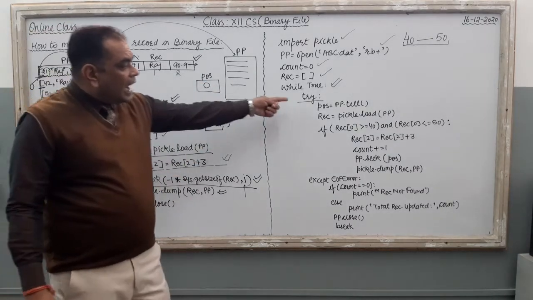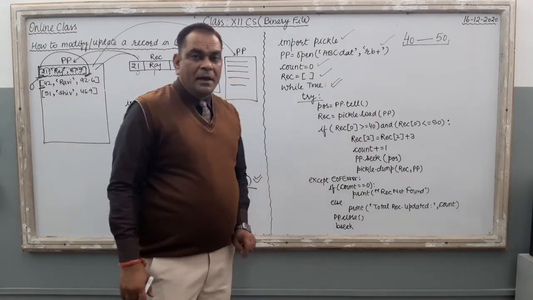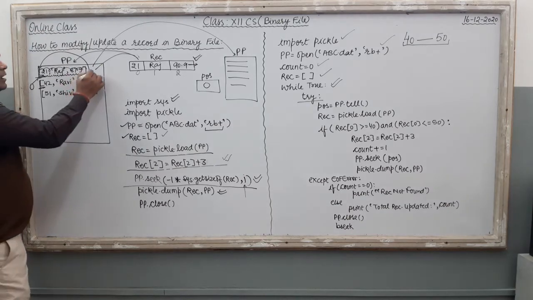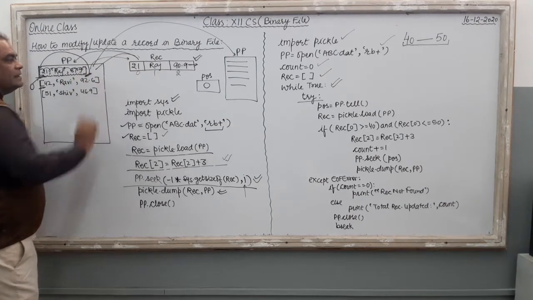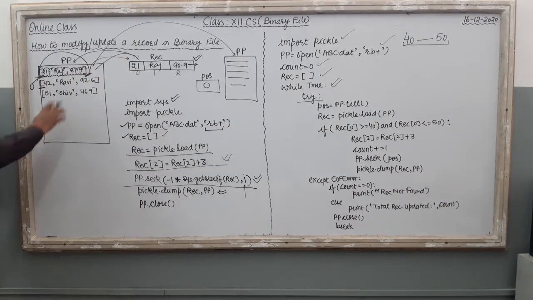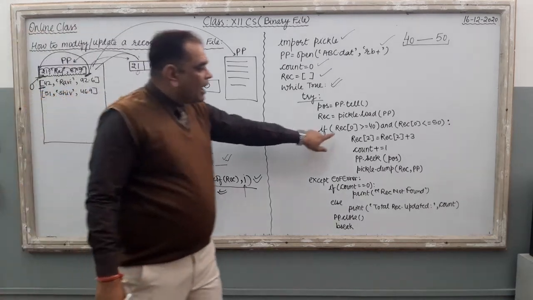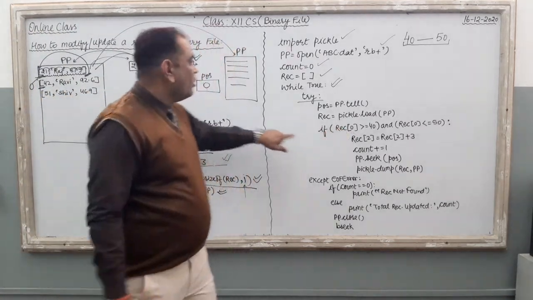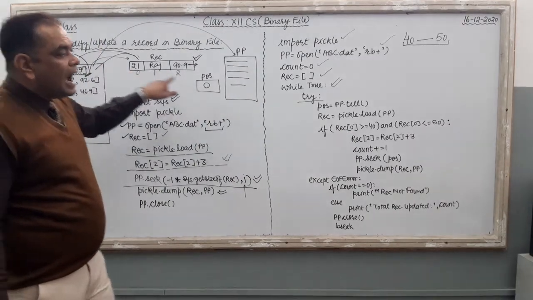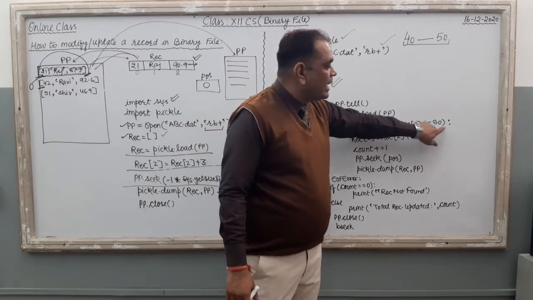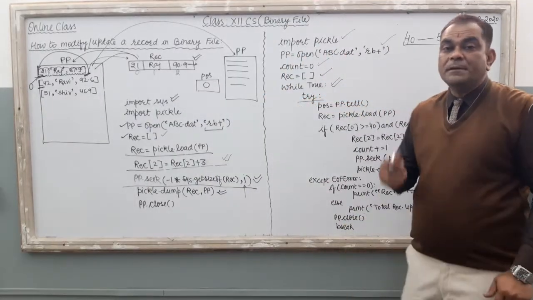Now rec equal to pickle.load(pp) means computer is going to load the very first record. This is the record inside the rec variable, and then the cursor is at the last of the record, or we can say at the beginning of the second record. Right? The record is loaded. Now just see, if rec[0] means what? 0 means roll number. rec[0] greater than equal to 40 and rec[0] less than equal to 50 is our specific condition.